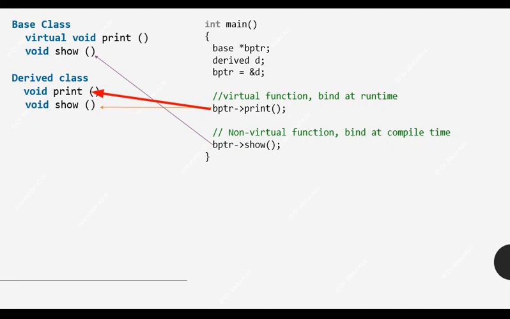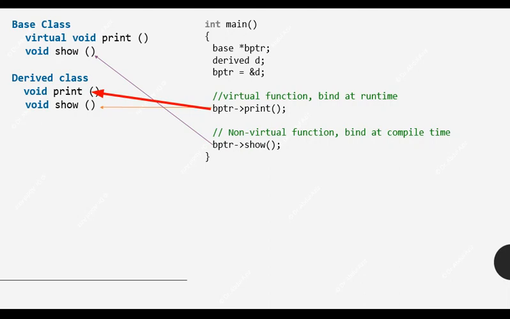Because the type of the pointer is base, in this particular case the print function will be called from the derived class, and the show function will be called from the base class. And you can see that the output on your screen would be the base class function.